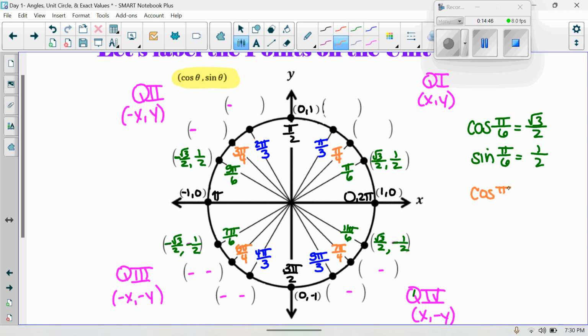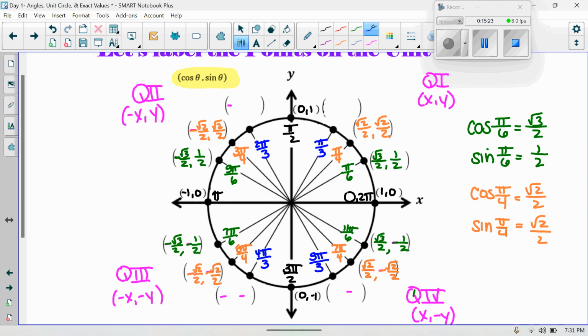The cosine of pi over 4 and the sine of pi over 4 are both radical 2 over 2. So quadrant 1 is just rad 2 over 2, comma, rad 2 over 2. If I go to 3 pi over 4, this is negative rad 2 over 2, comma, rad 2 over 2. 5 pi over 4, negative rad 2 over 2, comma, negative rad 2 over 2. 7 pi over 4, radical 2 over 2, comma, negative radical 2 over 2.